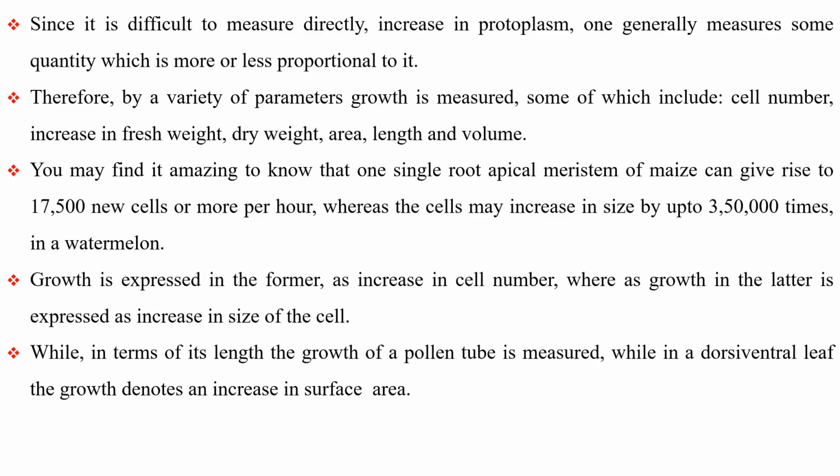Growth is expressed in the former as increase in cell number, whereas growth in the latter is expressed as increase in size of the cell. While in terms of its length, the growth of the pollen tube is measured, in a dorsiventral leaf, the growth denotes an increase in surface area.